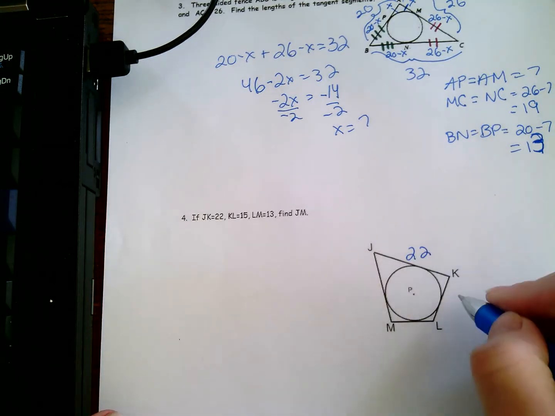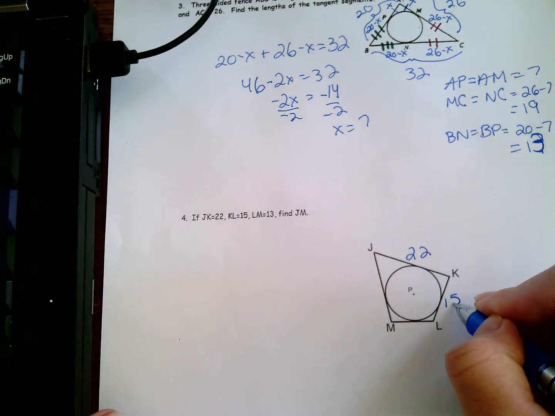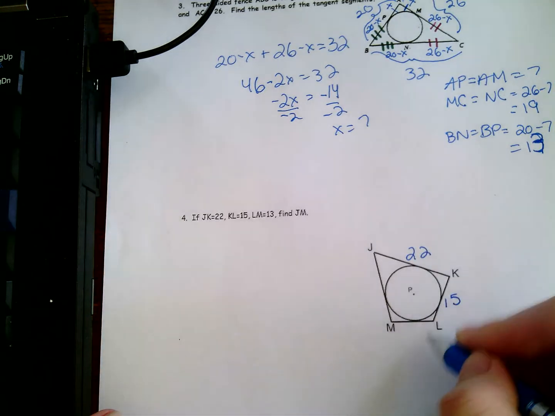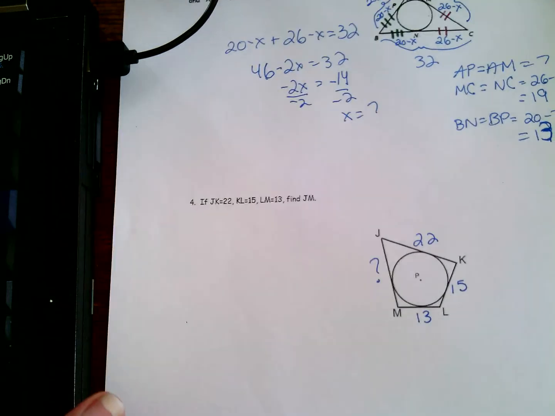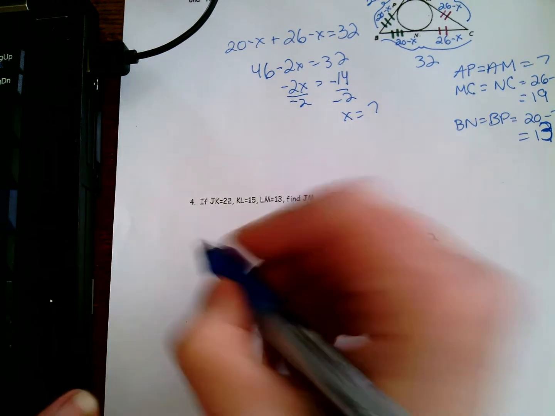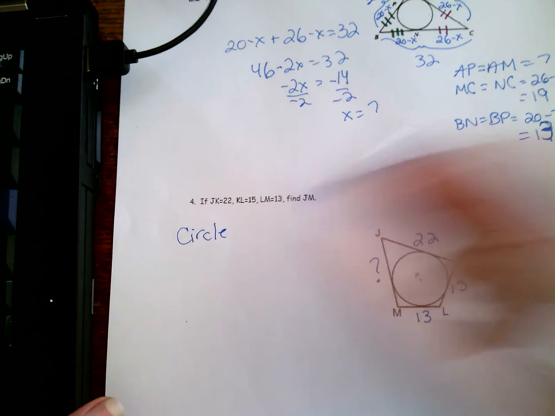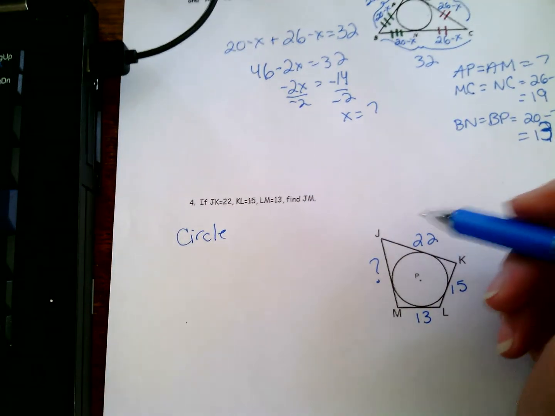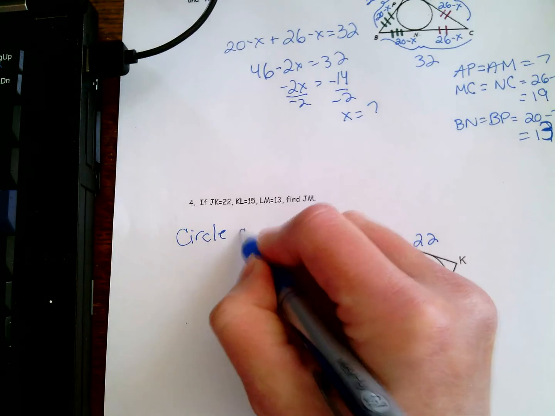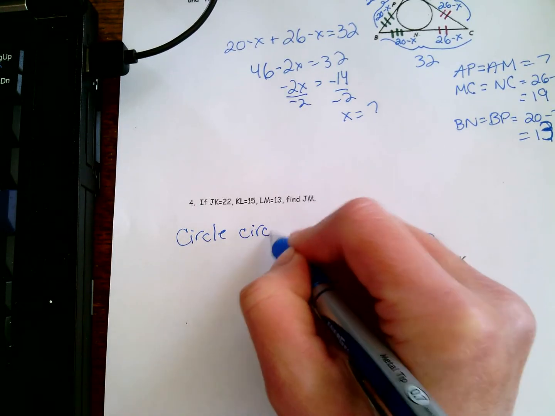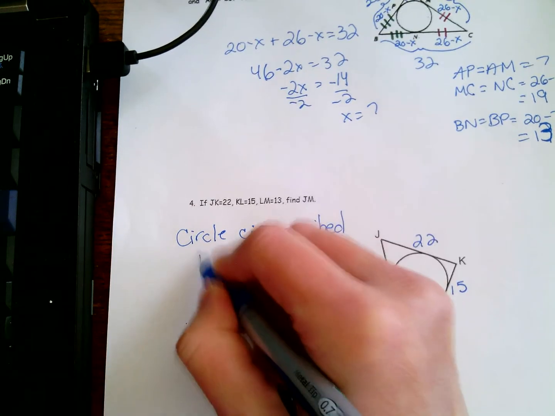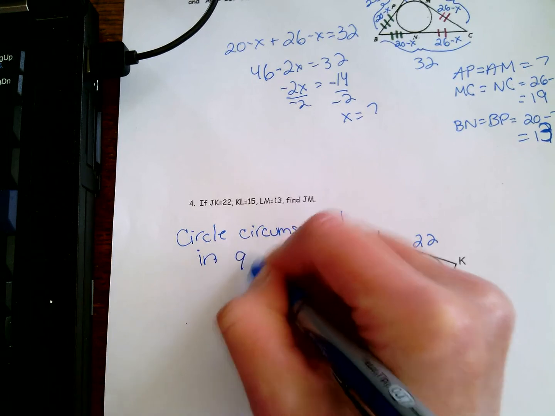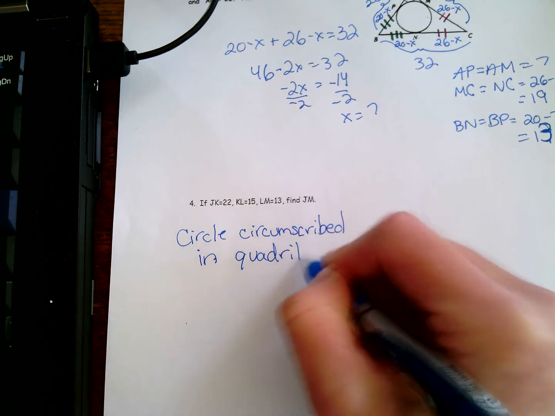Now to solve this, it would probably be helpful if you knew that when you have a circle circumscribed about a quadrilateral, actually I would say within a quadrilateral, that means that the sum of the opposite sides are congruent. That's the opposite sides of the quadrilateral.